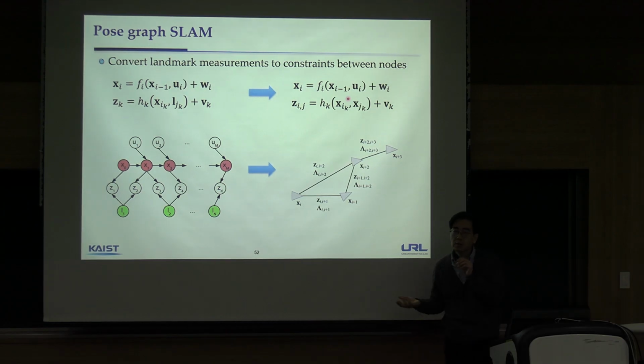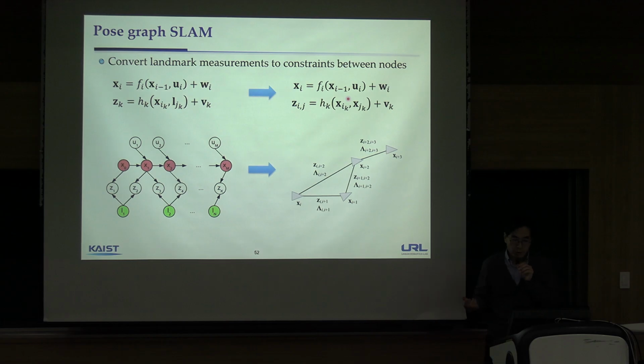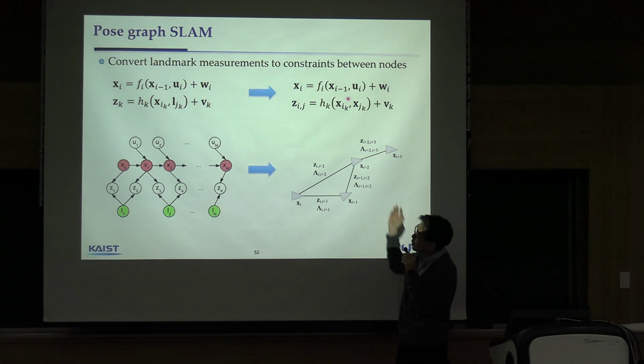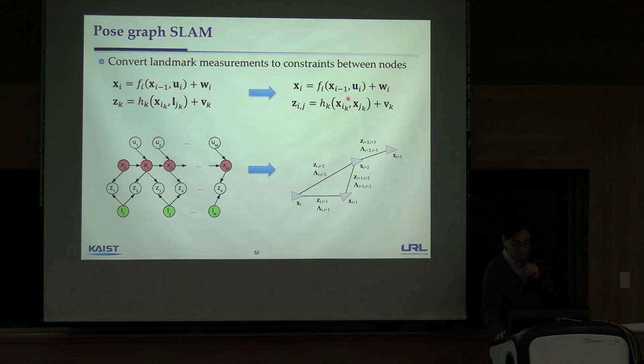Do you understand? So this will simplify the computation. So you can see the mathematical formulation like here. Originally it was utilizing L in the measurement estimation equation, but now we do not have L. We only have pose information, xi, xj.